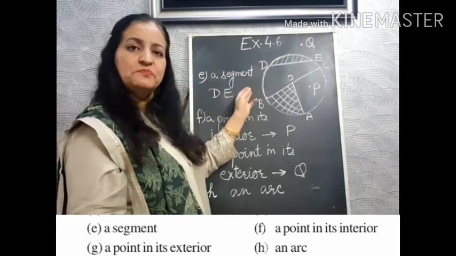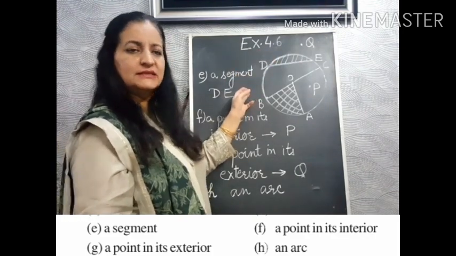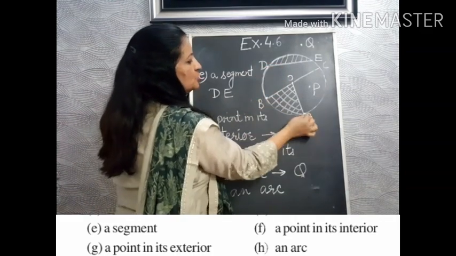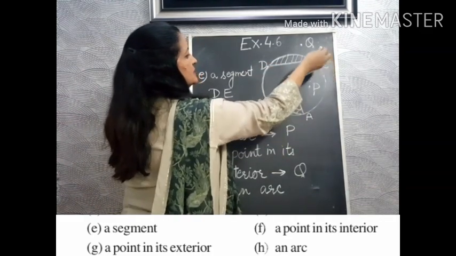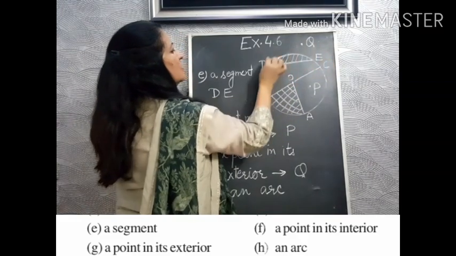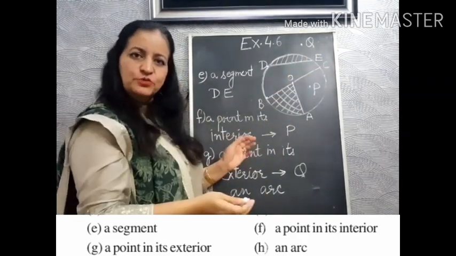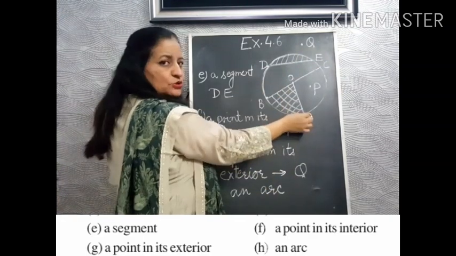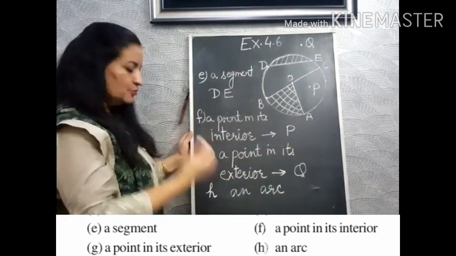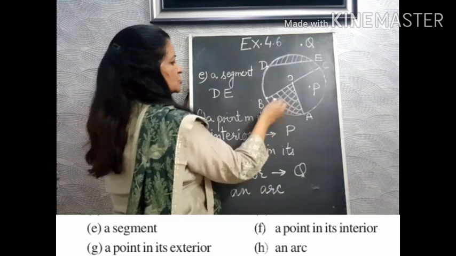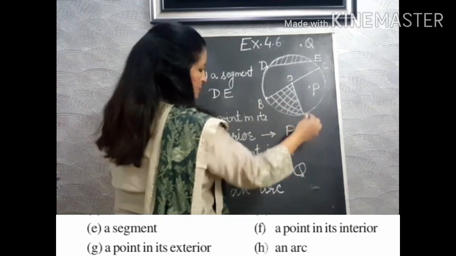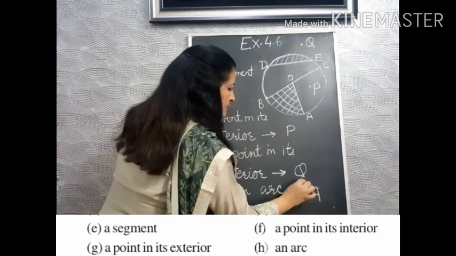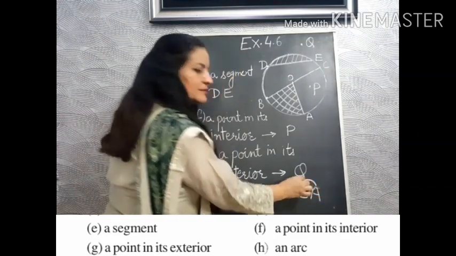Arc is any portion of the circle. Like it is from D to B or B to A or A to C or C to E or D to E. Any portion of the circle, the portion between any two points on its circumference, that is an arc. So here we can say point B to A, this is an arc.